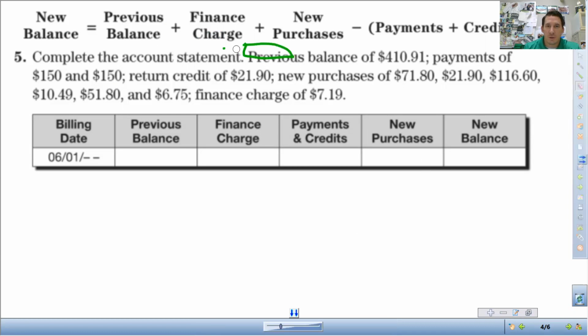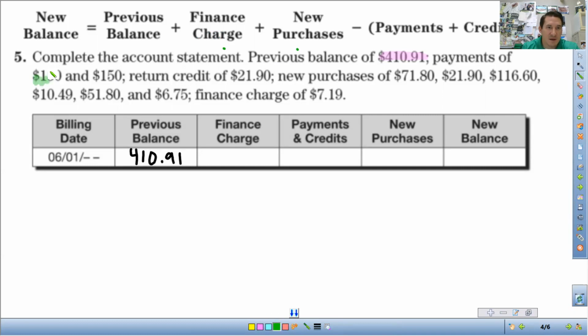So the previous balance, all right, is 410.91. So the previous balance here, that in black actually, 410.91. This is our starting balance. All right. Our credits. So we have some credits here. So these are things that are going to reduce the account.